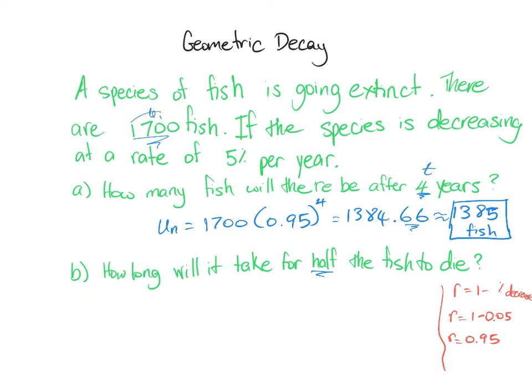Well, we started from 1,700, and half of 1,700 is 850. So we want our final amount, or Un, to be 850. How long will it take us to get to 850? Well, we know our starting number is 1,700, our r value is 0.95, and we don't know the time. That's what we're trying to find out. So that is what we're going to try to solve here.